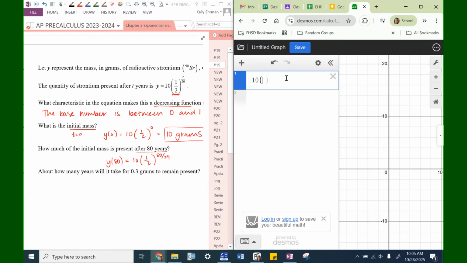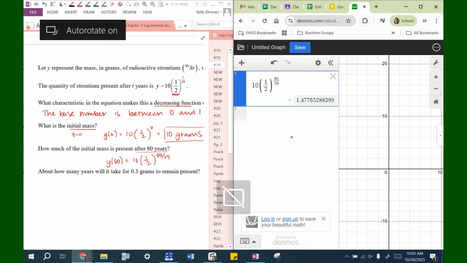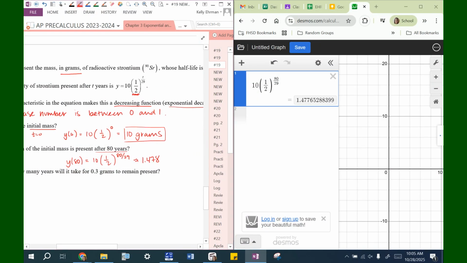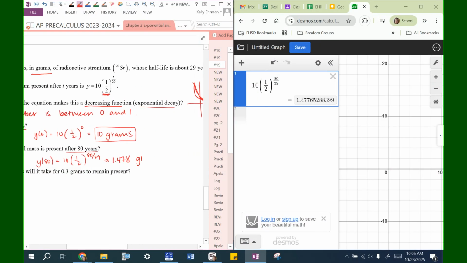So 10 times 1/2 raised to the 80 over 29 power. Rounded to 3 places, this is 1.478. Always label your answer. This was measured in grams in the problem, so this is how many grams are left.